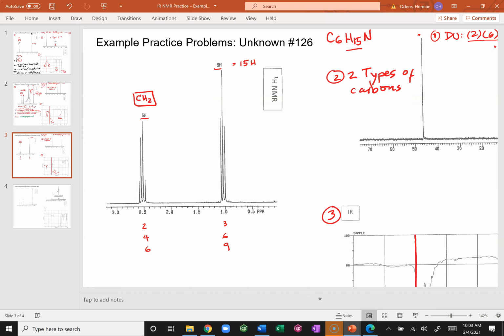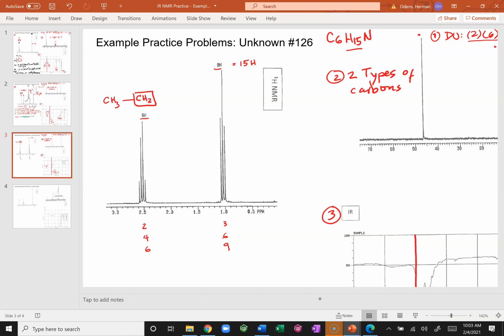You get it? That's tricky. So you're going to have this signal repeating 3 times. We have symmetry all over the place. So the monomer, the one part that repeats, starts with a CH2 and has how many neighbors? 3. Very good.